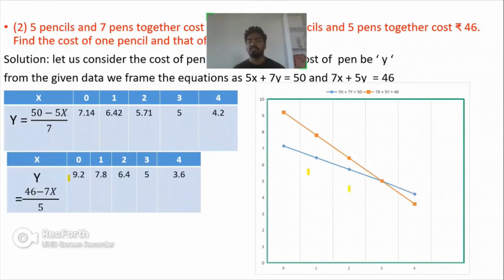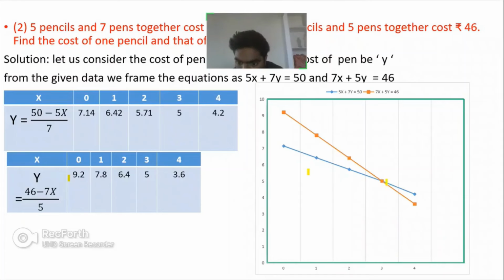So when we plot the graph, we can clearly see that the blue line indicates the equation 5x plus 7y is equal to 50, and the red line represents the equation 7x plus 5y is equal to 46. So if I plot the graph, we can clearly see that these two lines are intersecting at a point.